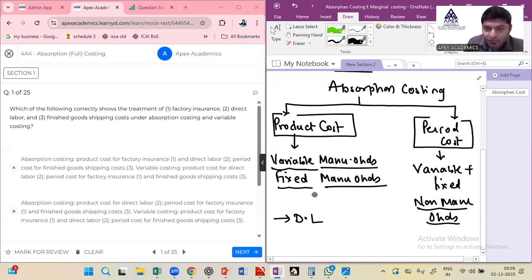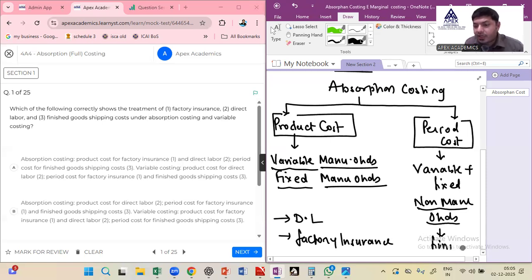I am looking at my fixed manufacturing overheads, which will comprise of my factory insurance. However, finished goods shipping cost are a selling and distribution overheads. They are not at all concerned with the manufacturing. Therefore, the finished goods shipping cost automatically becomes a period cost.